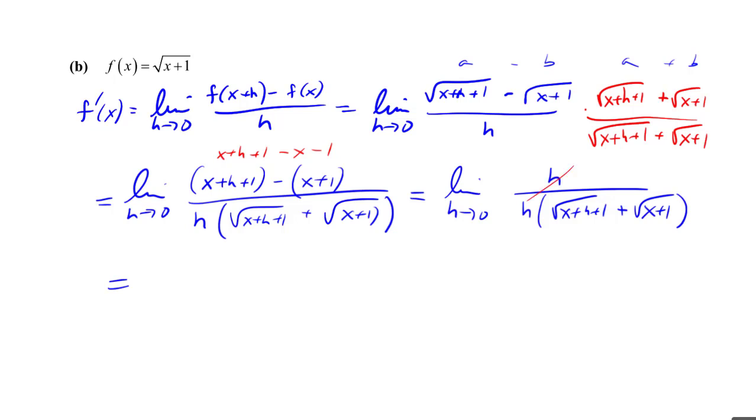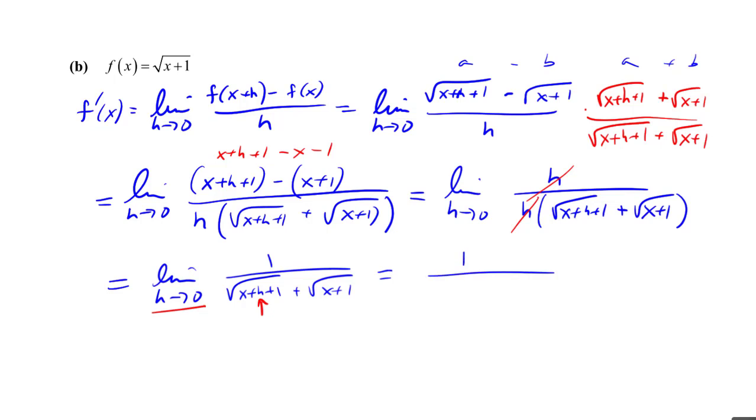As usual, h's cancel, and I get the limit as h approaches 0 of 1 over square root of x plus h plus 1, plus the square root of x plus 1. And now I am going to take h to go to 0, and I get 1 over square root of x plus 1 plus square root of x plus 1.